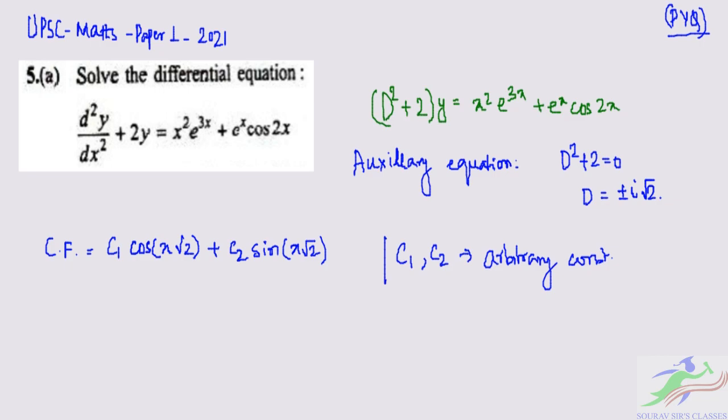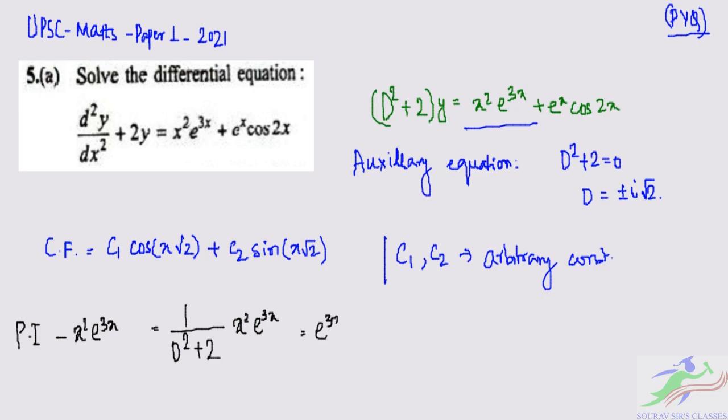Now the particular integral corresponding to x² e^(3x): we have 1/(D² + 2) x² e^(3x). So it is e^(3x) 1/((D+3)² + 2) x².